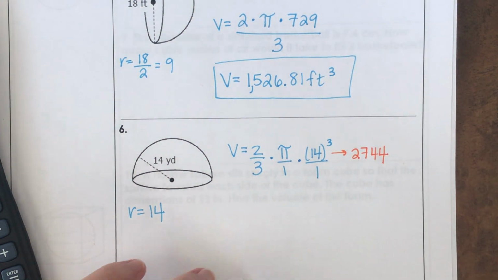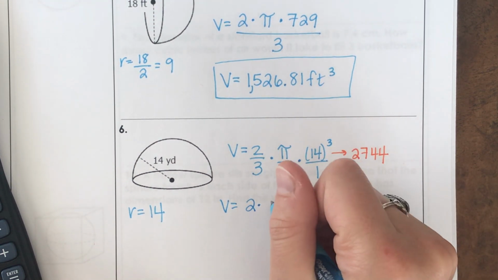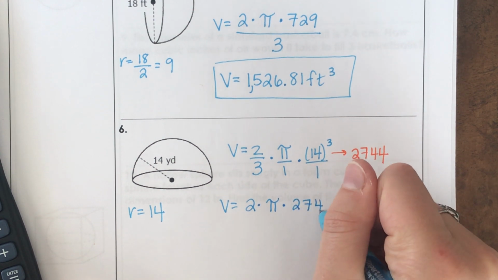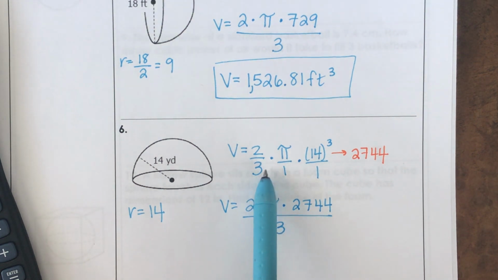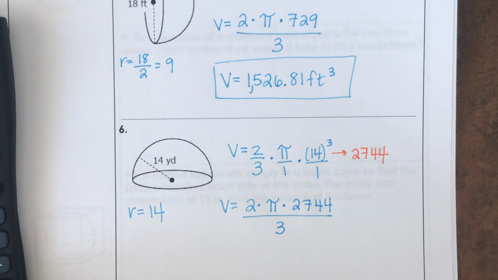2,744. I'm now going to multiply all the numbers on top and then all the numbers on the bottom. So I'm going to do 2 times pi times 2,744, and then I'm going to divide it by 3, right? Because 3 times 1 is 3. Okay, so this is going to be a big number.